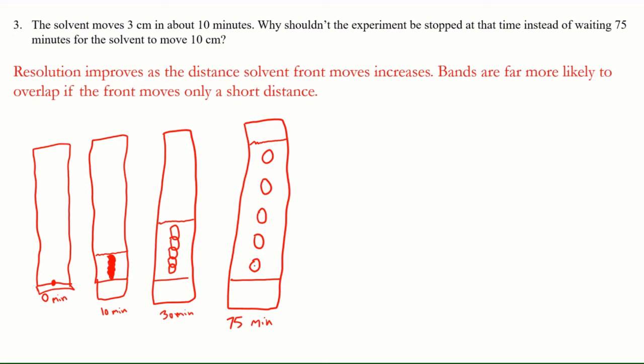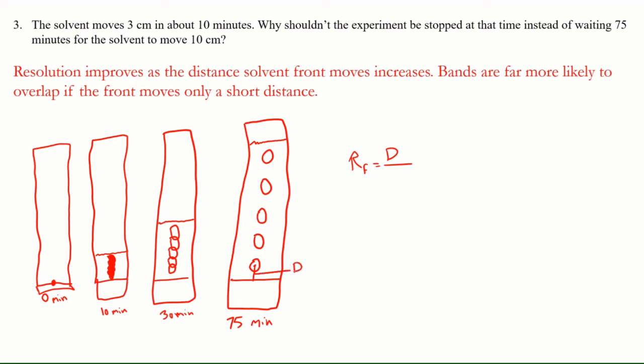And now we could start to measure the RF value from the center of the spot to the point of application. This part here will be your numerator, which your lab manual calls D. So that D will be from here to here.